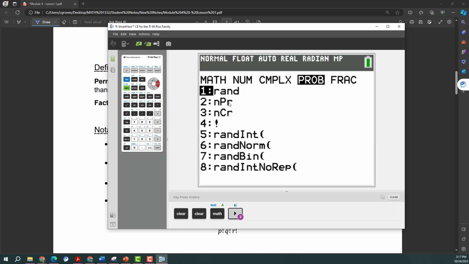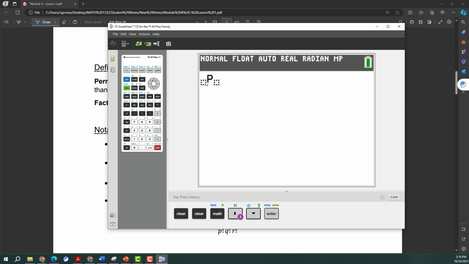And we have nPr and then nCr. So we'll use the nPr formula for the permutations and then the nCr formula for the combinations. I do give you the formula because it is cool to see how stuff is calculated, but we're going to use the easy way. We're just going to use one of these formulas. If you scroll down and click enter, it should give you the 2 boxes with the P in the middle.